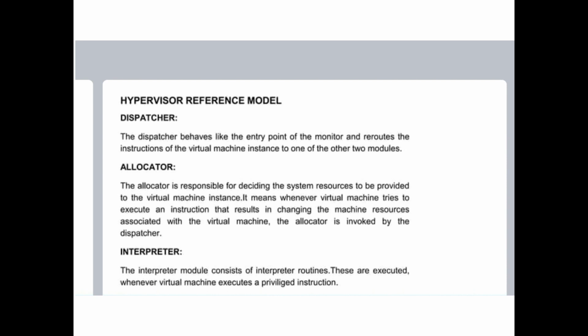The allocator is responsible for deciding the system resources to be provided to the virtual machine instance. It means whenever the virtual machine tries to execute an instruction that results in changing the machine resources associated with the virtual machine, the allocator is invoked by the dispatcher.